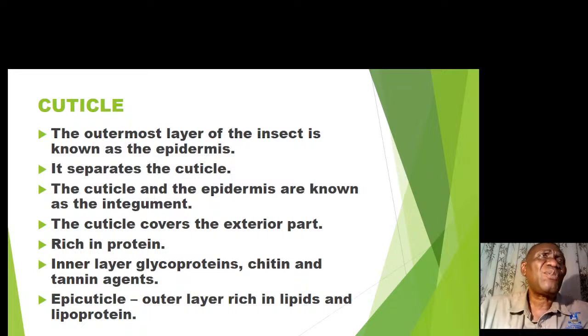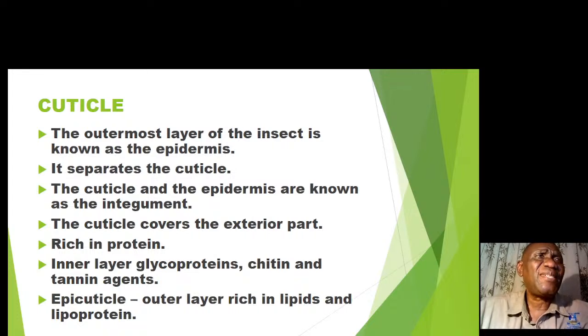So the outermost layer of the insect is known as the epidermis. It separates the cuticle. The cuticle and the epidermis are known as the integument, that is the part of the insect. The cuticle covers the exterior part.